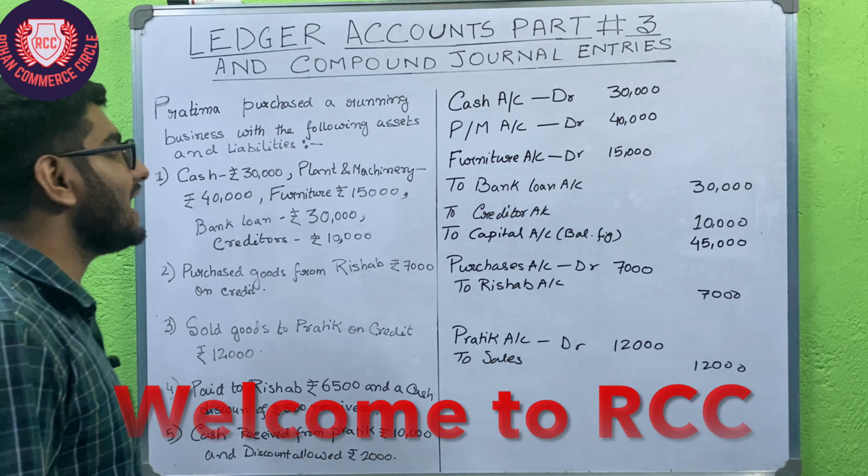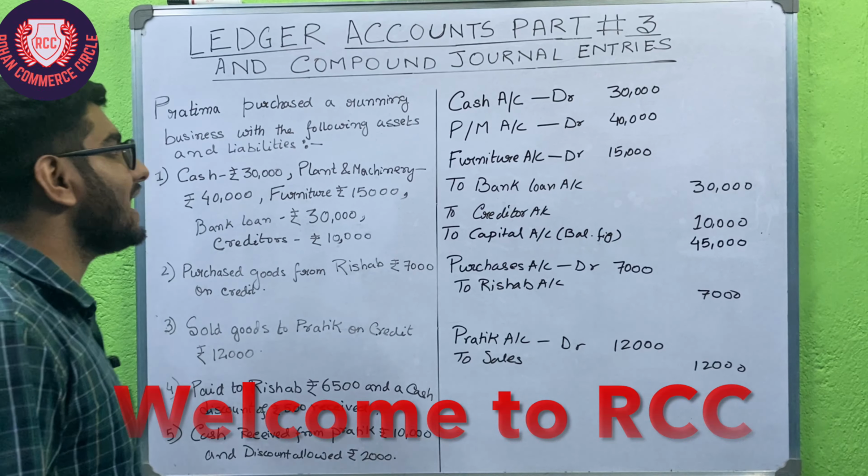Now the third entry is sold goods to Pratik on credit rupees 12,000. So we are selling goods to him on credit. Who is Pratik?